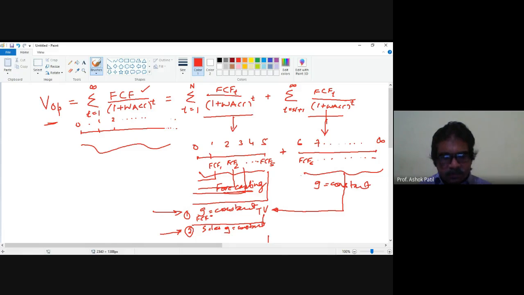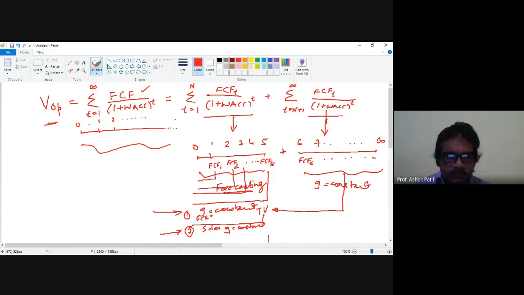Both methods are used, but the second method is more preferable because you are getting into details of each item of the income statement and balance sheet. Whereas FCF is a shortcut. We are directly saying that, okay, last year this happened, and we're just going to assume. So it is a shortcut. So you can go ahead with that also.